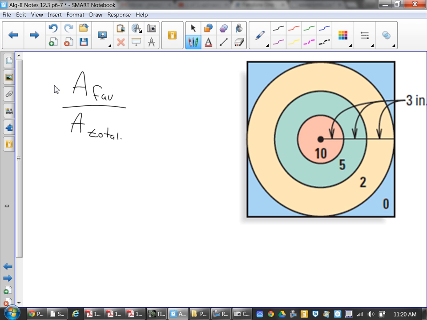Let's say I want to get the probability of getting 2 points. You can see how this is 5, 10, 2, and 0. Each one of those values is the point value of landing in that spot. So if I want to find the probability of getting 2 points, what would I do?